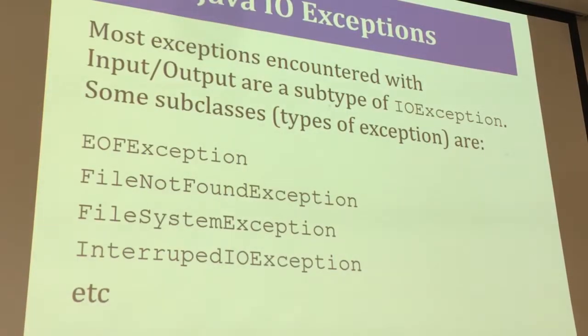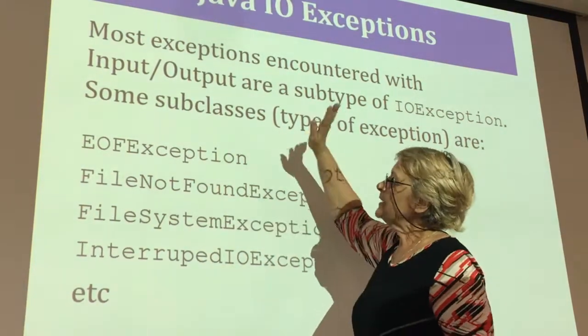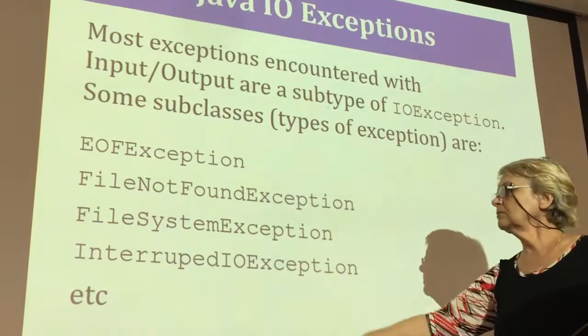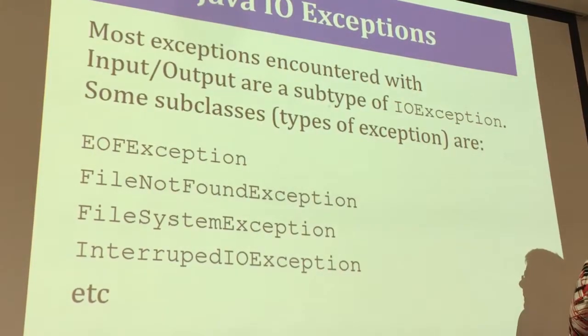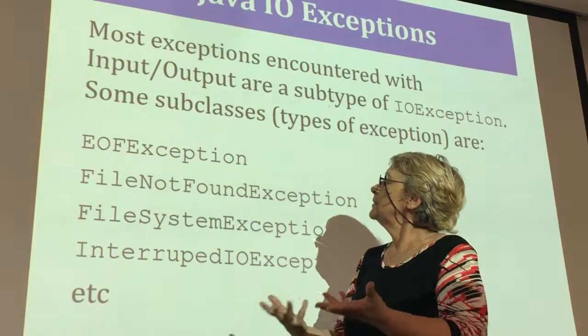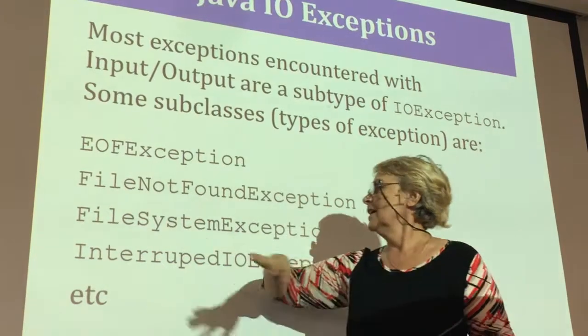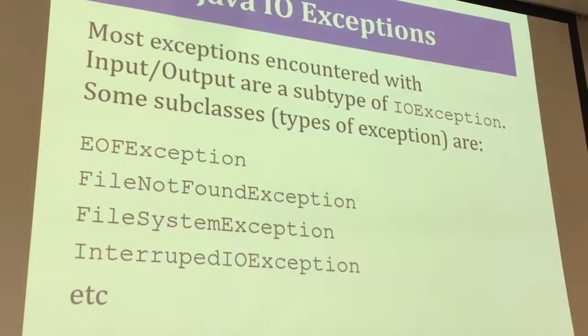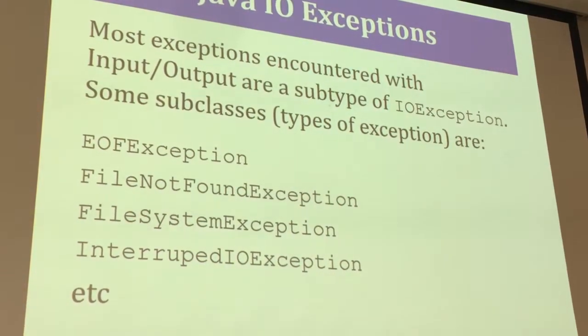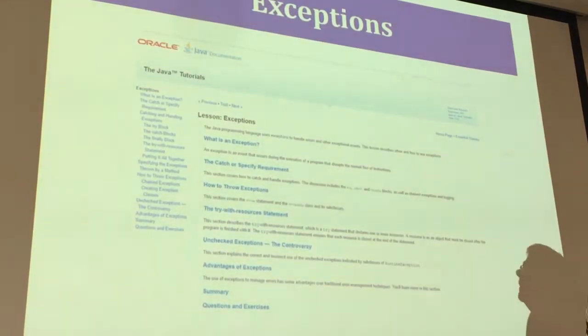There are a lot of exceptions. They are defined with inheritance: end of file, which deals with situations when you work with files, file not found, and interrupted input-output exception, which is when things are worked through threads.